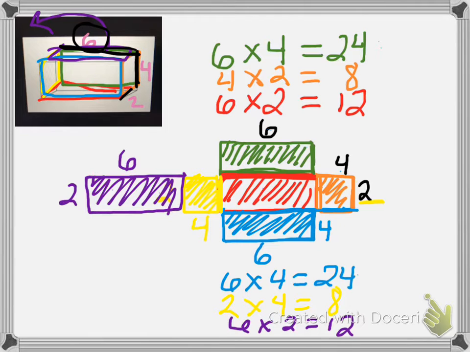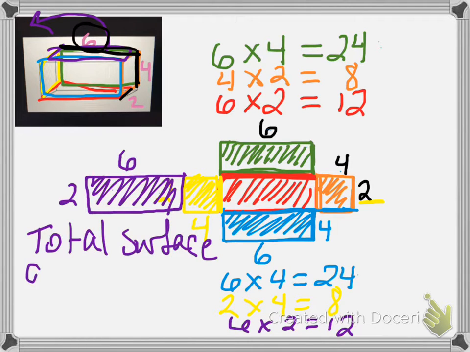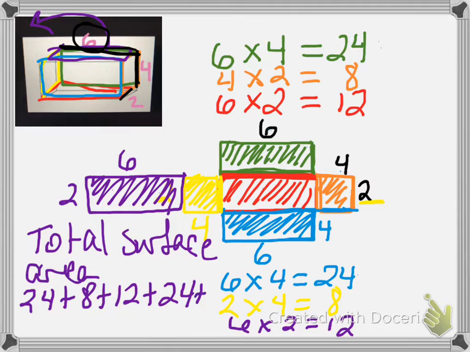So all we need to do to figure out the total surface area of this rectangular prism is to add all these numbers up. So we need to take 24 plus 8 plus 12 plus 24 plus 8 plus 12.